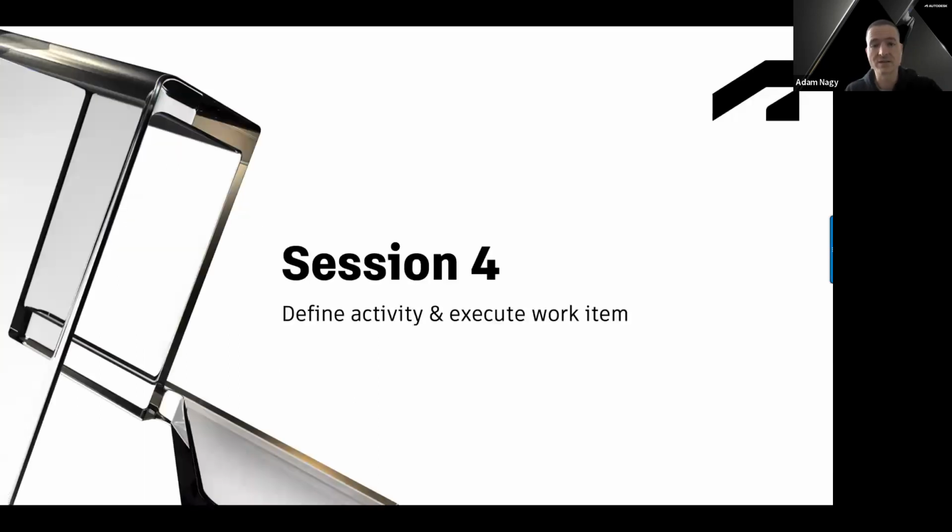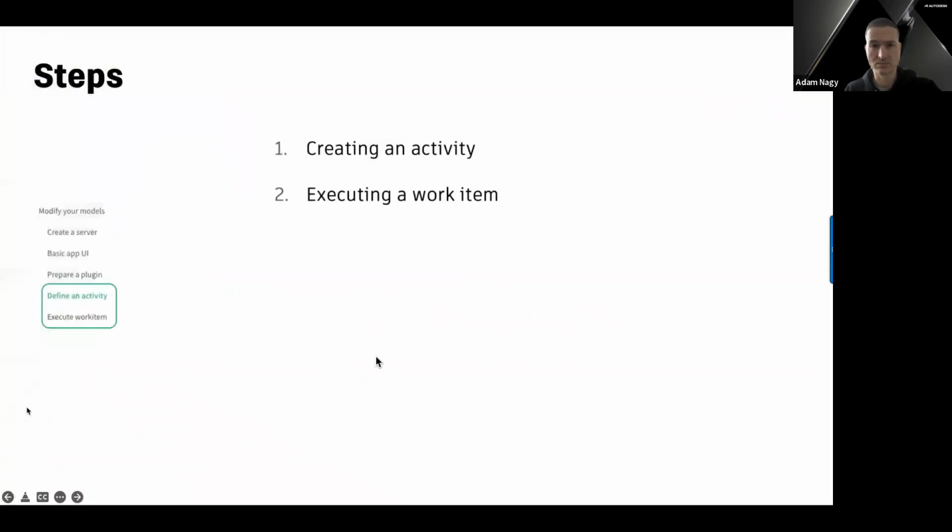So now in this last section, we just have to finish things. One of them is about defining the activity, so setting things up, and then executing the work item. So creating an activity and executing a work item.